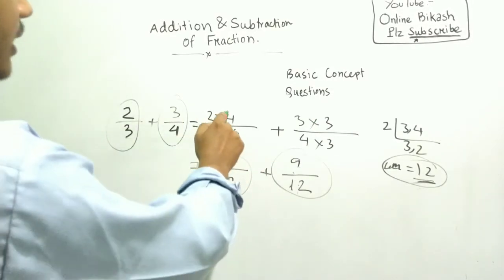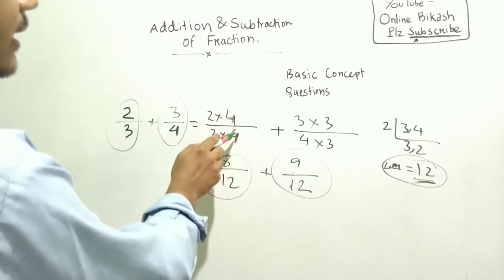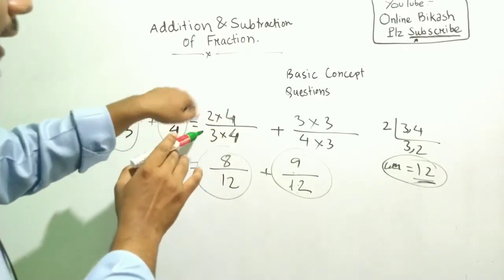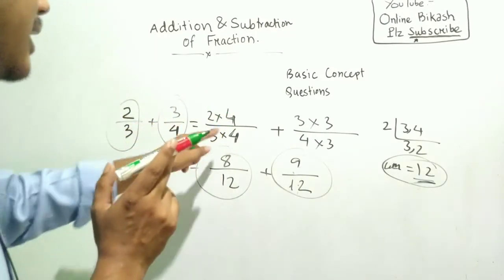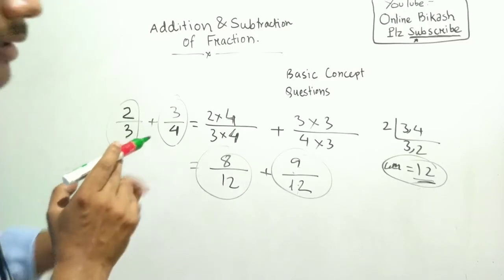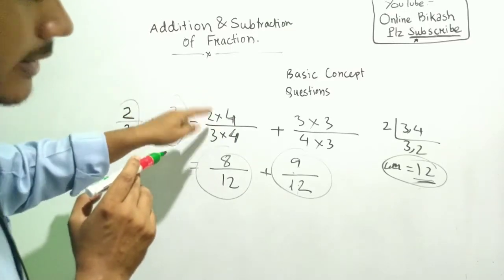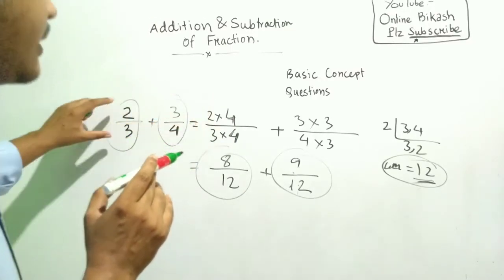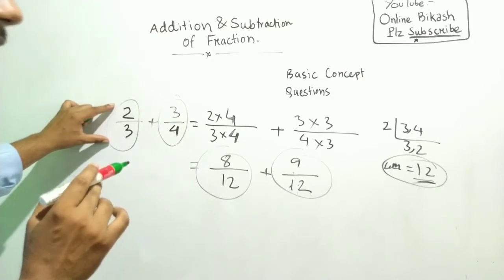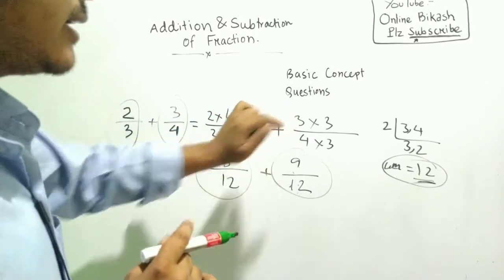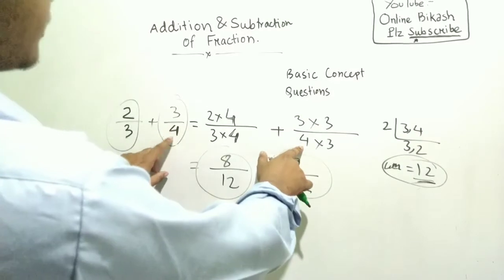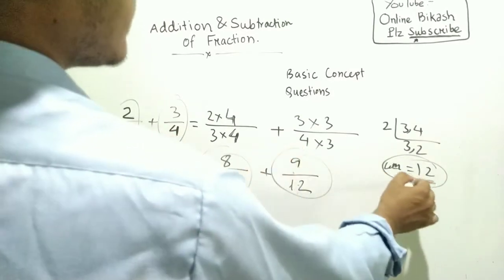And the same number you have to multiply here, in both the numerator and denominator. If you multiply only one, it will be a different fraction, but if you multiply the same number in both the numerator and denominator, the fraction remains the same. What will you multiply with 4 to get the LCM 12?